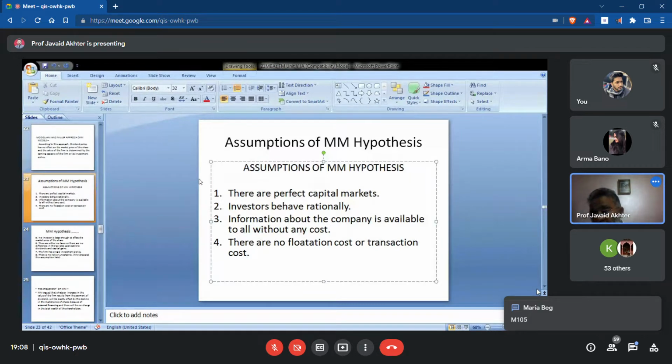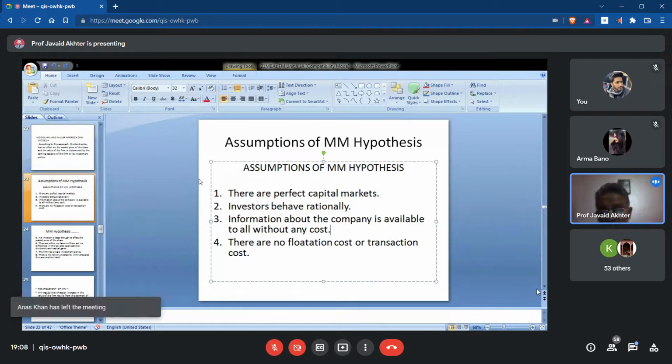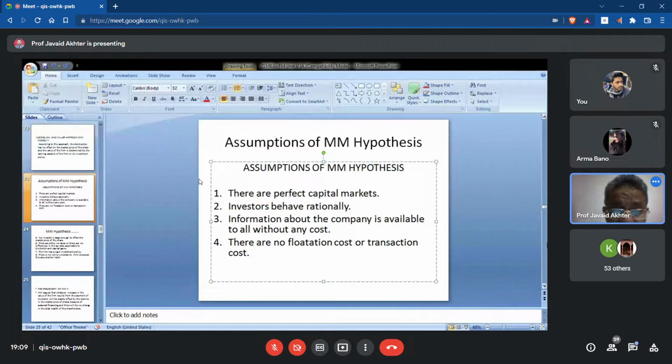Also, it engages some financial institutions, and it pays some commission or remuneration to them, which we call underwriters commission. So while issuing fresh shares, the company incurs some cost. That cost you call flotation cost. Is this clear? Yes, sir.